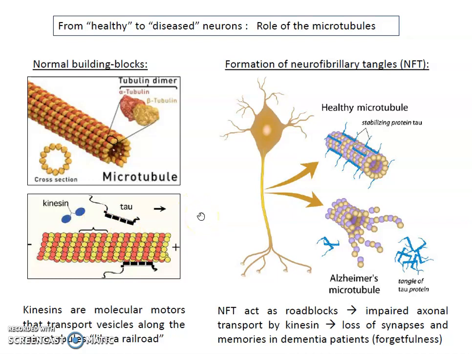The kinesin can be considered a molecular motor that transports vehicles along the microtubule, like a railroad. For example, when they want to transport something from the inside to the outside, they use something like a railroad as a tool to transport things.